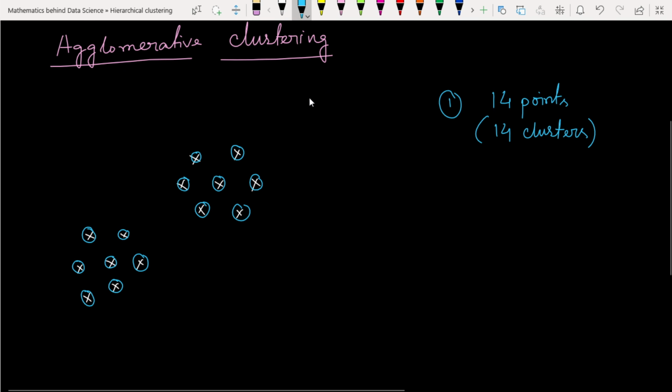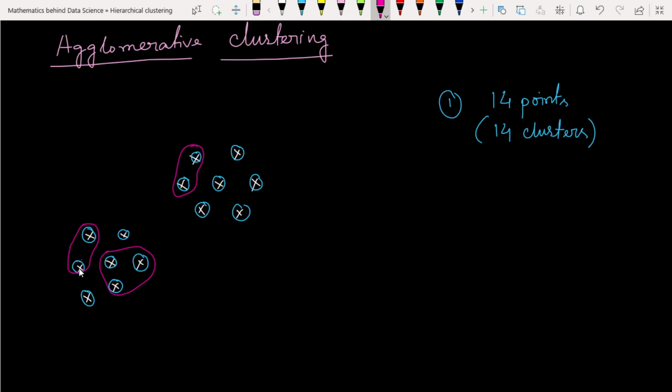Now let's see the second iteration. In the second iteration we have to consider the closest points as a single cluster. Here, which are the closest points? Suppose these two are the closest, these three are the closest, these two are the closest points.